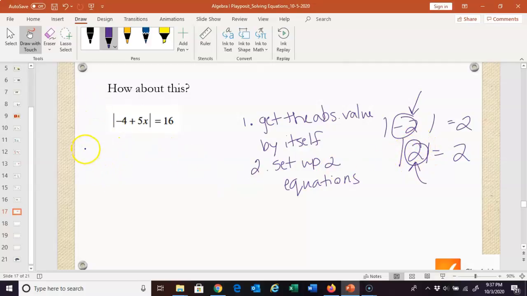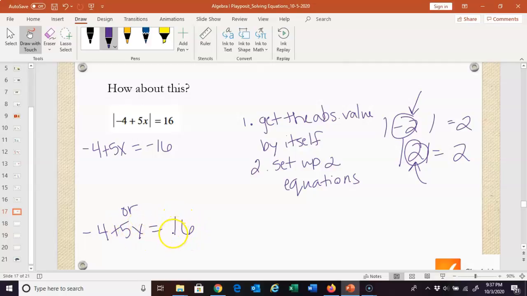So the way we set this up is we take the inside, here it is, and we say it can equal the negative answer, so -16, or it can equal the positive value.